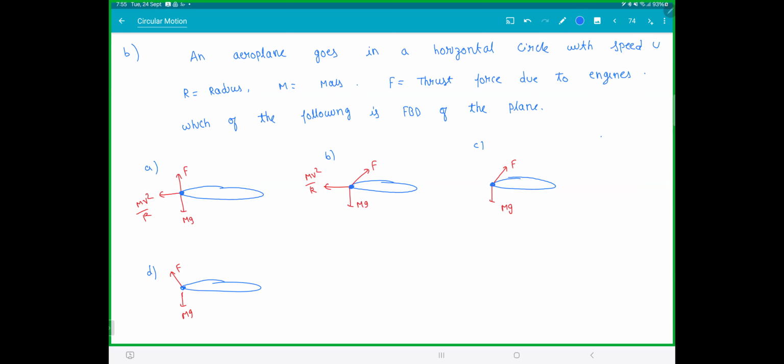Hey, Puroja. Be careful here. In the question, if nothing is mentioned, he's always asking in the ground frame. Whenever they say draw the FBD and they don't say anything, he's talking in the ground frame.